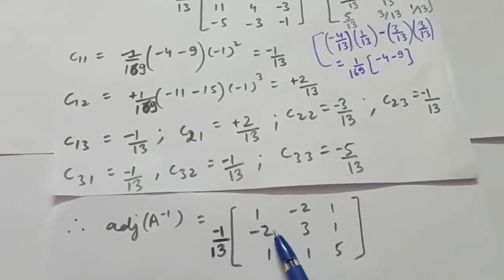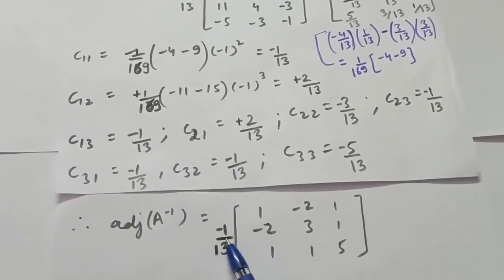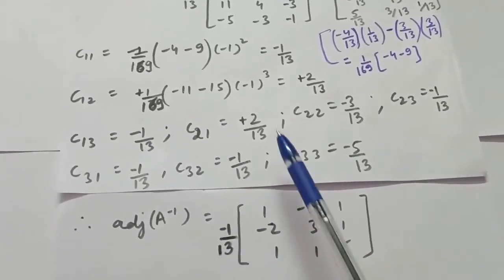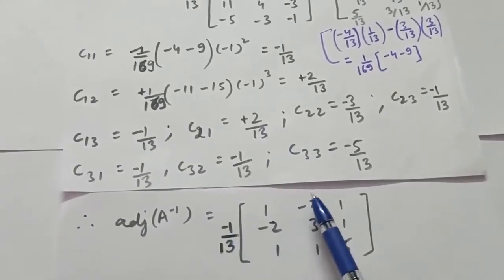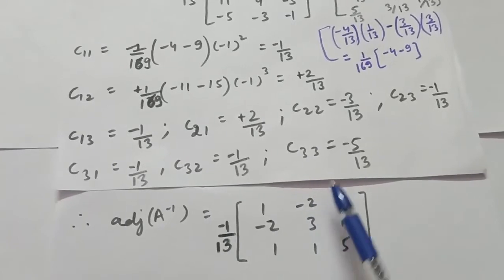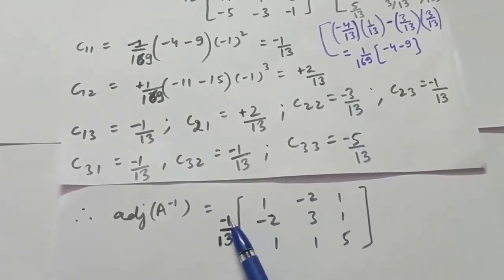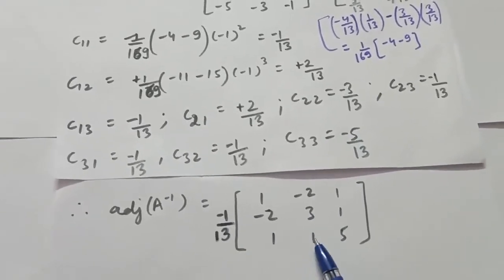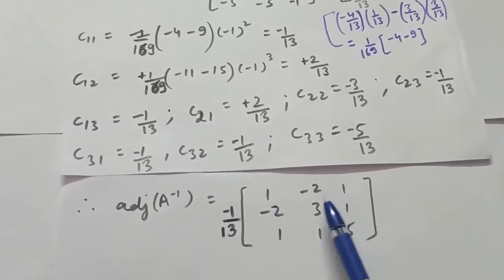So here it will be minus 2. Then minus 1 by 13 which is taken common. So 1. Then 2 by 13, minus 1 by 13 is outside. So here it is minus 2. Then minus 3 by 13. So here it is 3 because minus 1 by 13 is outside. Then 1, 1, 1 and 5. So this is the adjoint of A inverse.